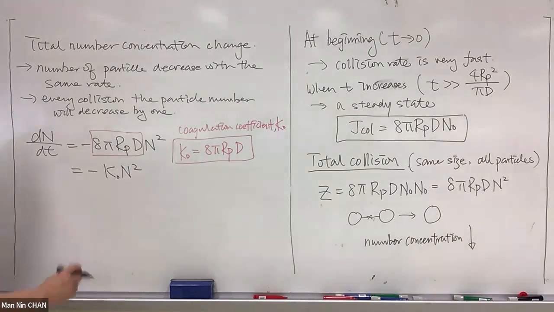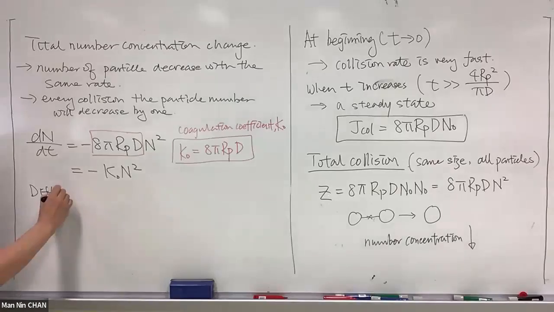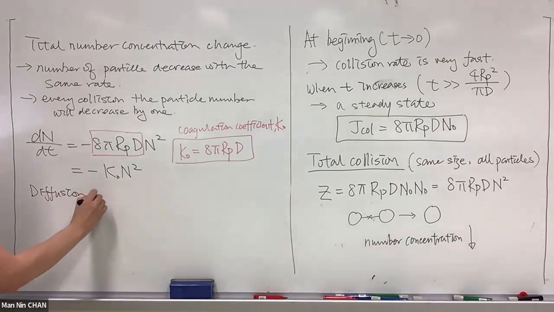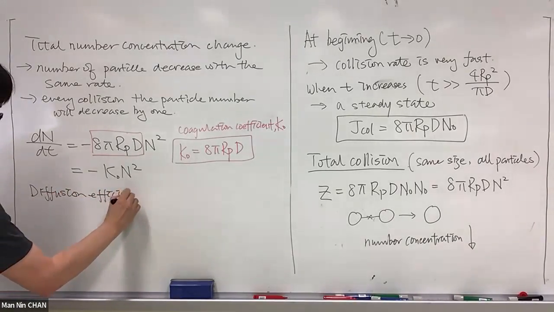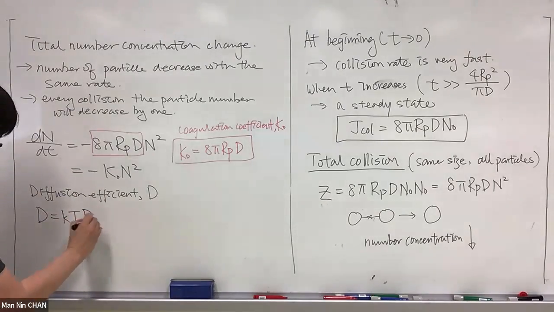If you remember, we can find a way to calculate the diffusion coefficient for your particle. One way to calculate it is K times T times B here.